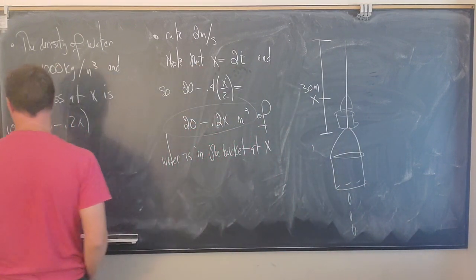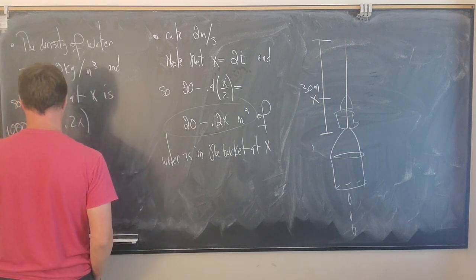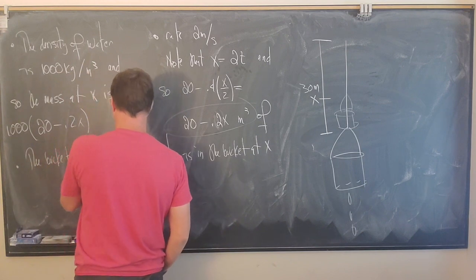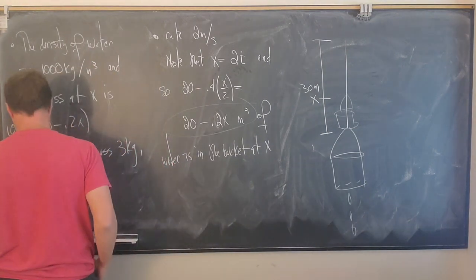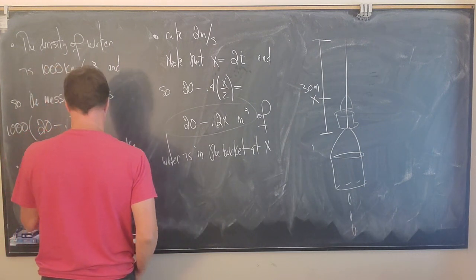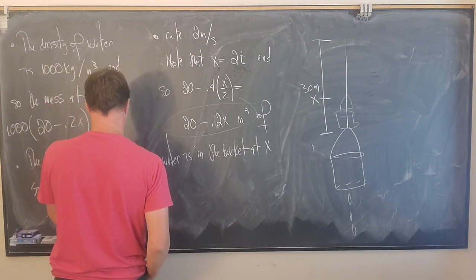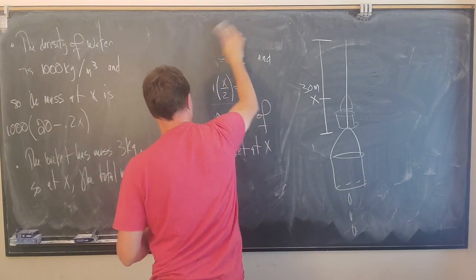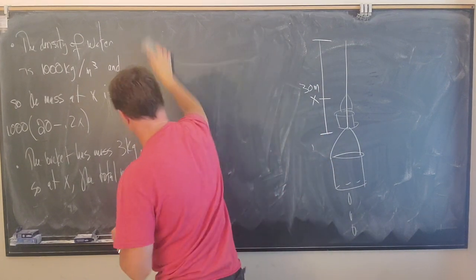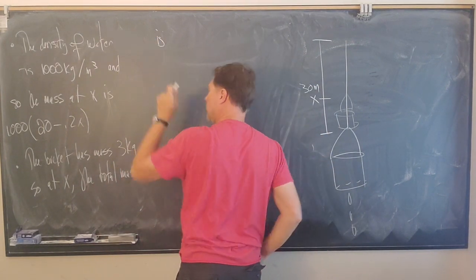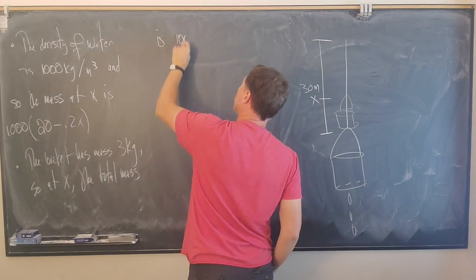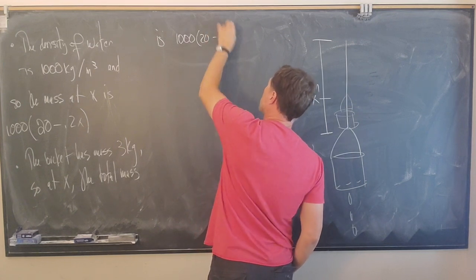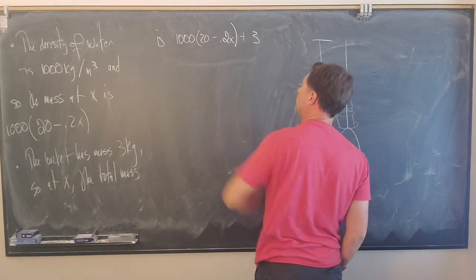Also, the bucket has mass 3 kilograms. So at x, the total mass is 1,000 times 20 minus 0.2x plus 3.